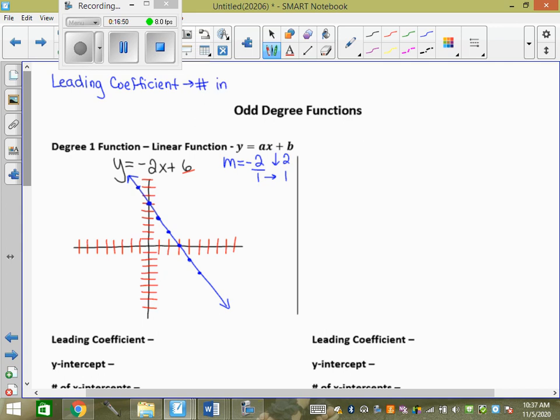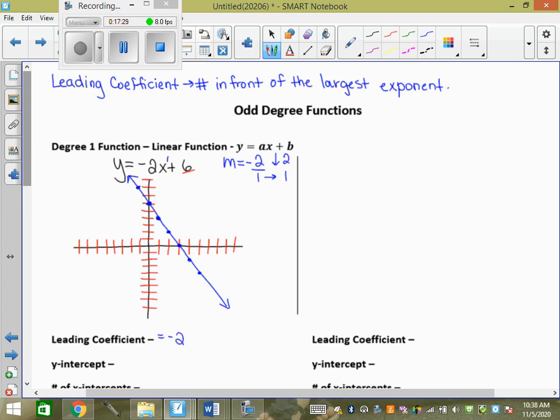It's the number in front of the largest exponent: -2. Because this is x to the 1, and the 6 is x to the 0, so it's going to be the -2.